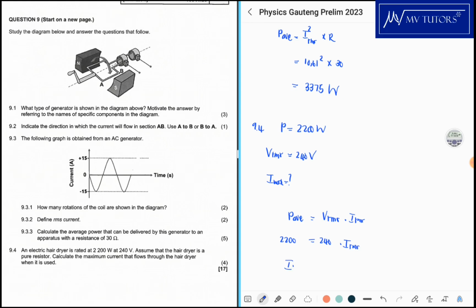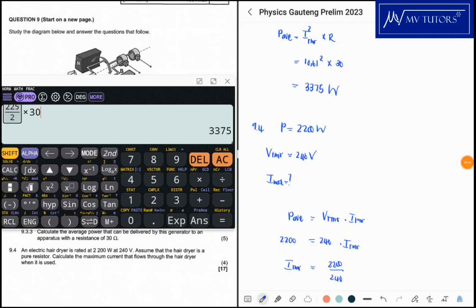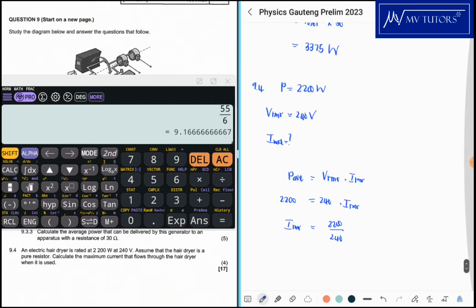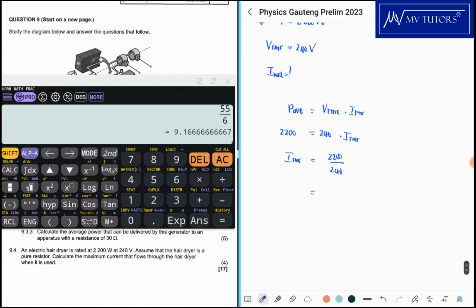So our IRMS will be 2,200 divided by 240. So we get 9,17. That's our IRMS, in amperes.